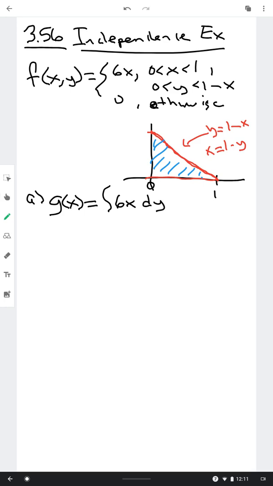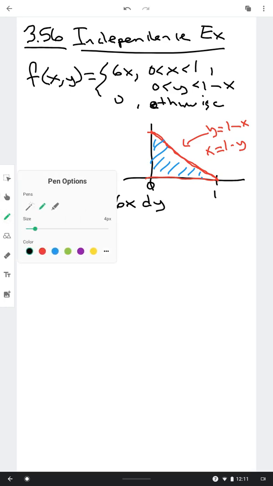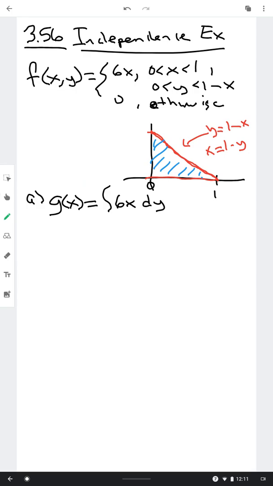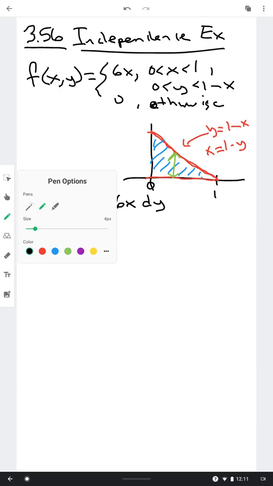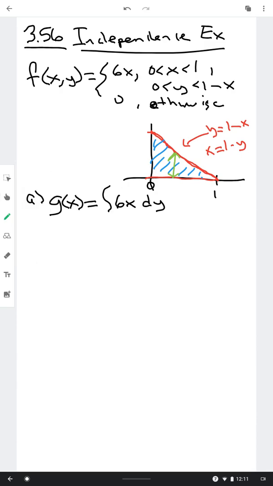Now we need to figure out the range of y. We've already said it's between 0 and 1 minus x, so 0 to 1 minus x are going to be my limits of integration.